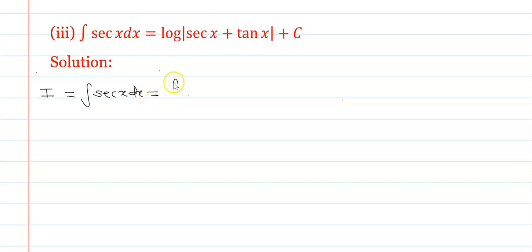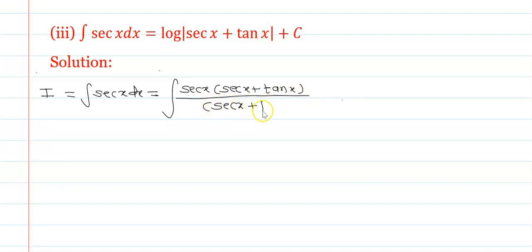For this we multiply the numerator and the denominator by sec x plus tan x. So the denominator is in bracket sec x plus tan x into dx.